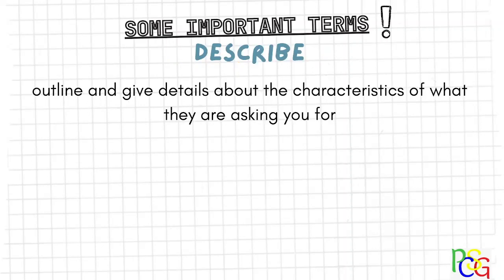The next term is to describe, and this is outlining and giving details about the characteristics of what they're asking you for. So you simply state what it is that they're asking, but you also have to give details. For example, if I said describe Miss Mears, you would say that she has hair, but you wouldn't just say that she has hair.